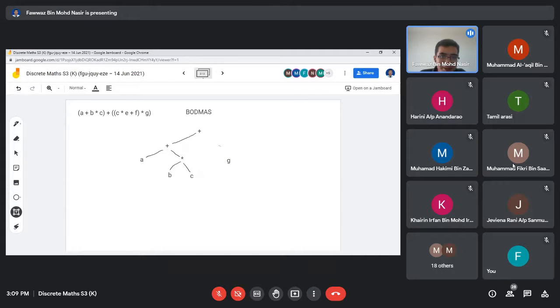So ada times G. Yang last kali adalah ni, so kita tulis times kat sini. Then we just connect these two nodes. G ni akan jadi right child sebab dia dekat belakang kanan times tu, so dia akan jadi the right child of this times punya simbol ni.